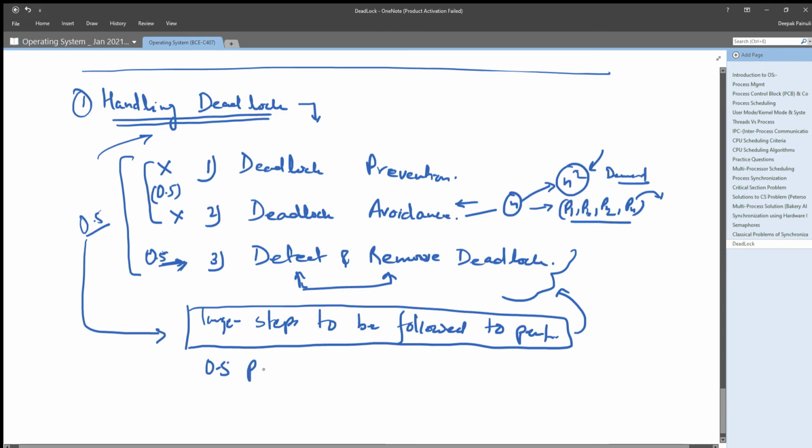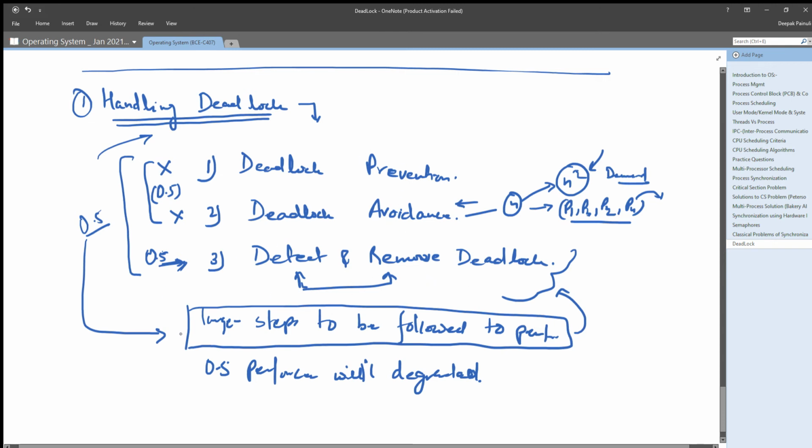OS performance will be degraded, because most of the OS time will be invested in the steps followed to prevent, avoid, and detect and remove.